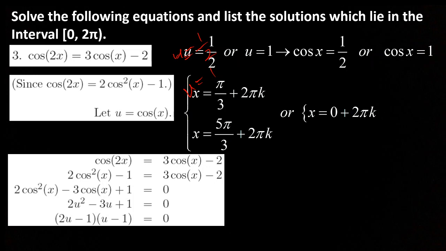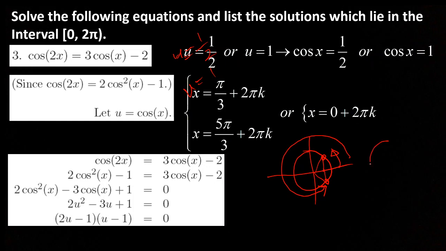And again, you should know that cosine is 1/2 if the angle is here, or here. So it's this one or this one. And cosine is 1 if the angle is here. That's it. So 0 plus 2 pi k, and then from this equation, we get only 1.